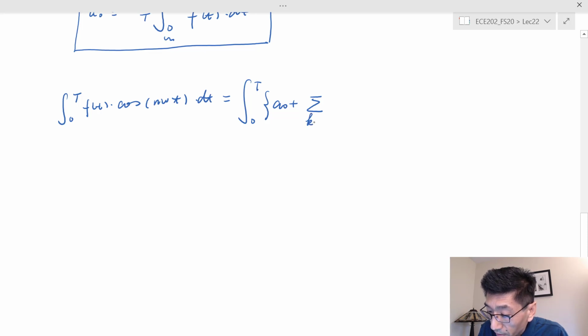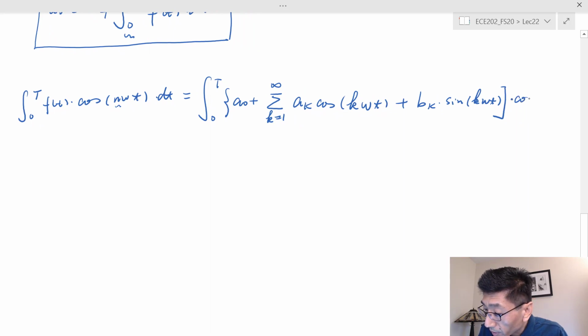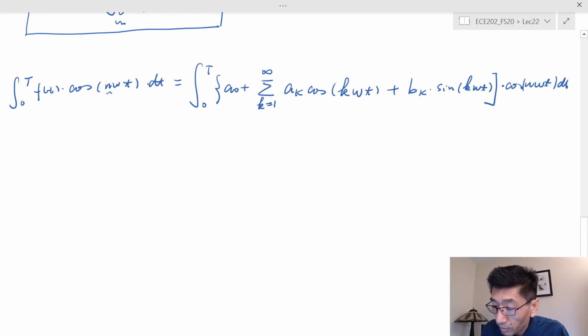I'm going to replace the n by k as the index, so that I distinguish it from this n here. The sum for k from 1 to infinity of a sub k cosine k omega t plus b sub k sine k omega t, and then I multiply by cosine n omega t dt. This is the integration I need to figure out.